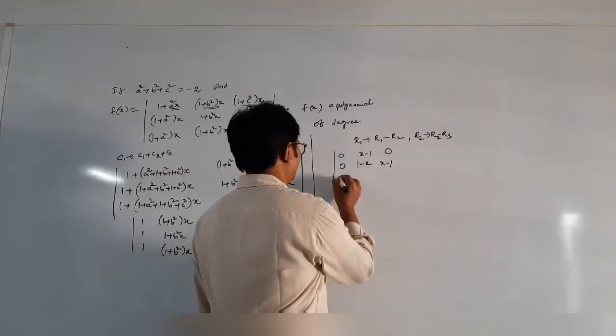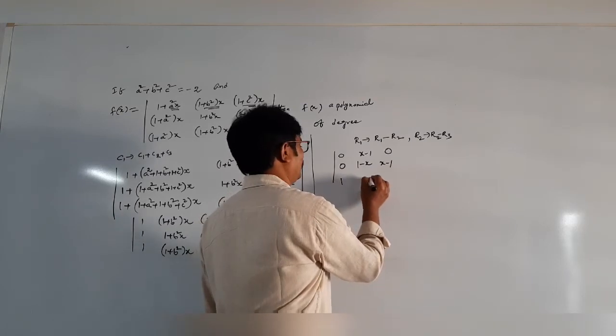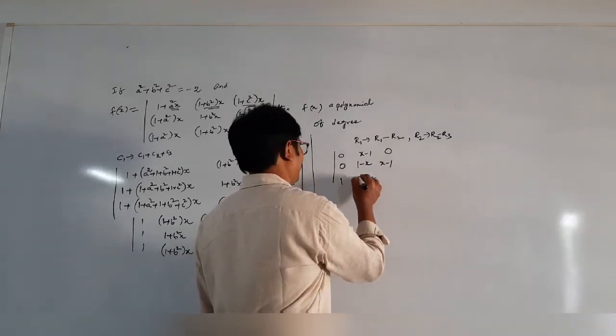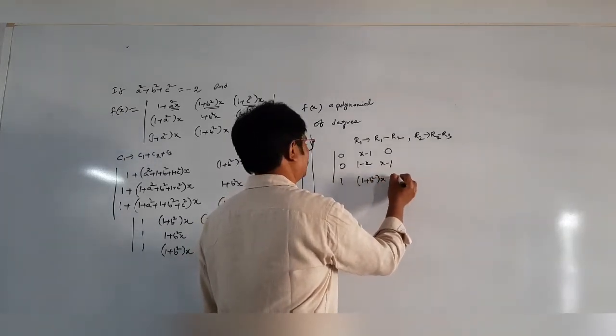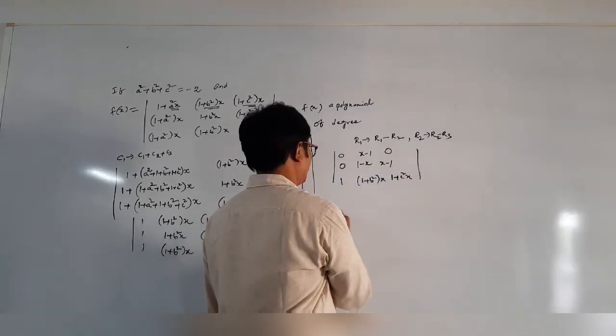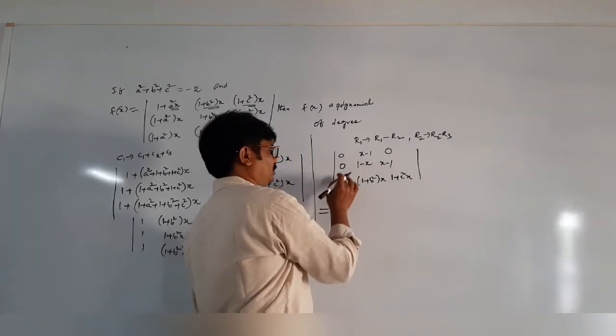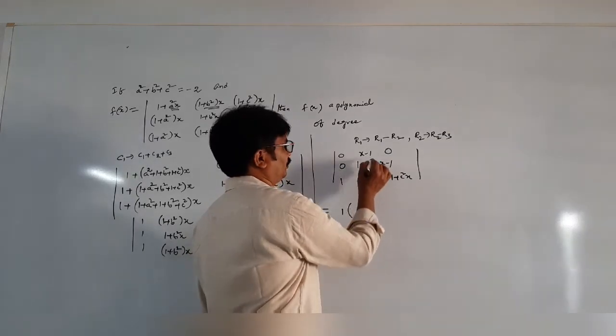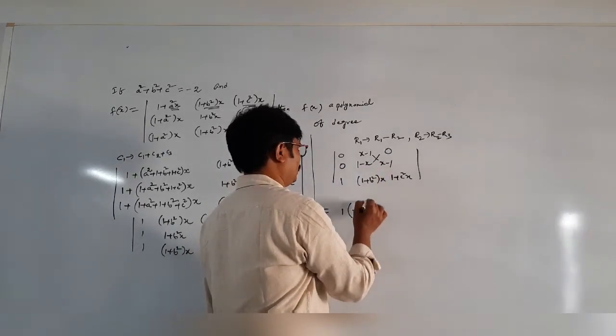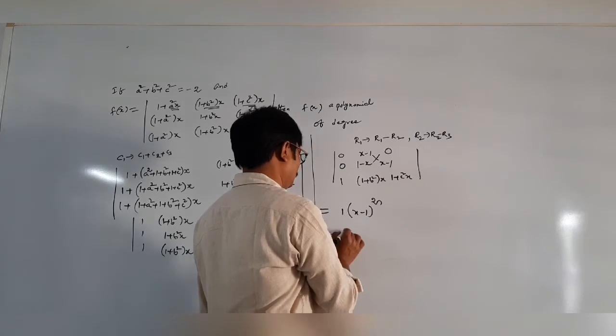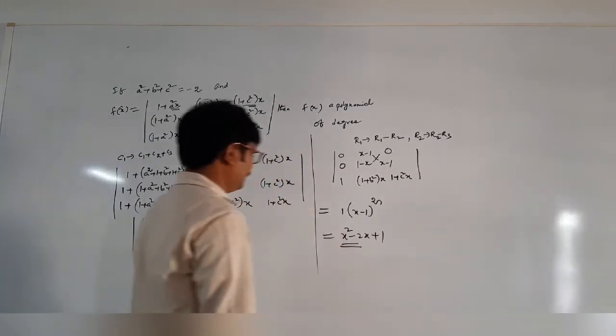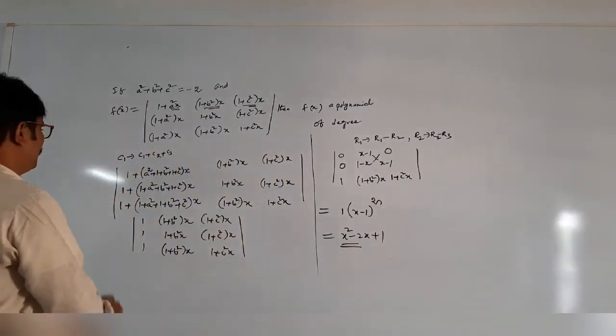So students, the 1 plus b square x, finally 1 plus c square x. What is the determinant? 0 into minus 0 into 1 into x minus 1 whole square. This is the f of x.